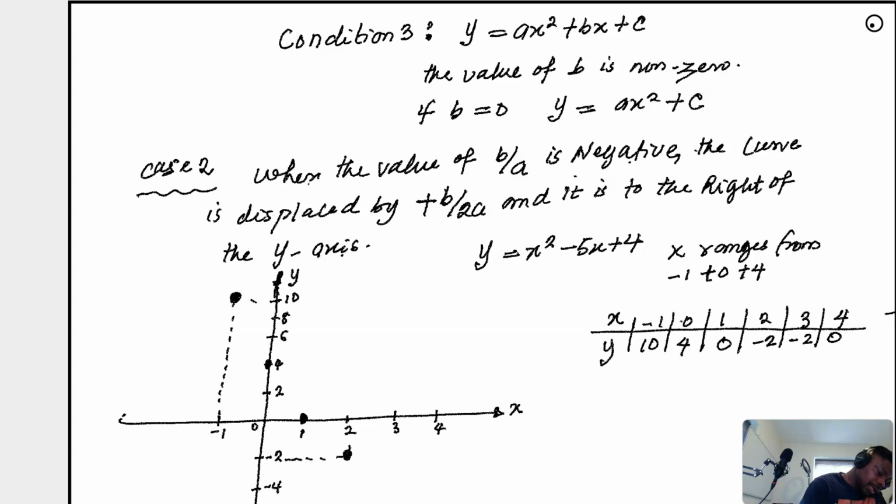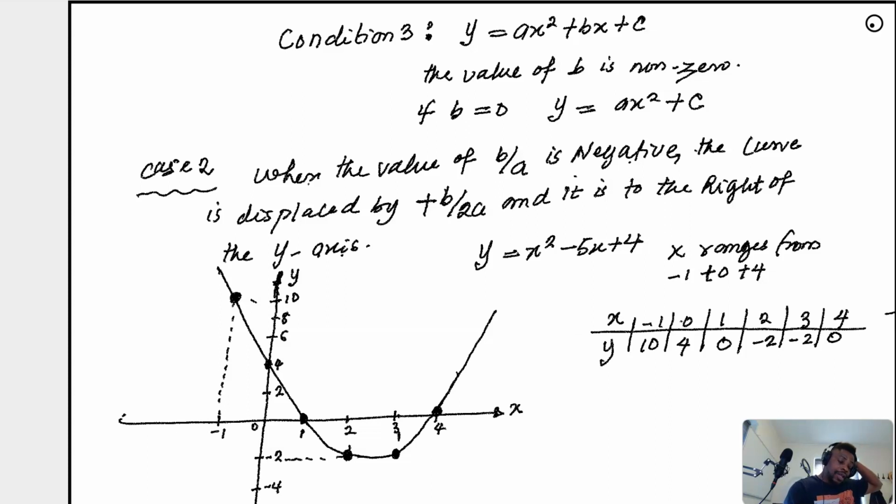So we'll put a dot here. When x is 3, y is minus 2. So we'll put a dot here. When x is 4, y is 0. So we'll put a dot here. So if we follow these dots, I'll try my best because it's freehand. Yes, we have this curve if you follow these dots.